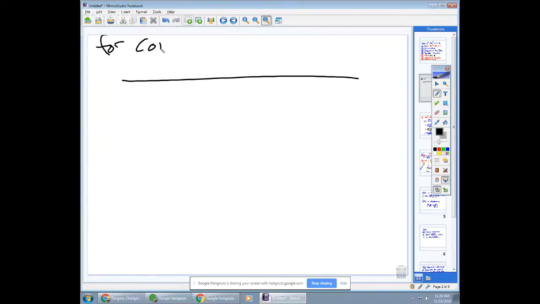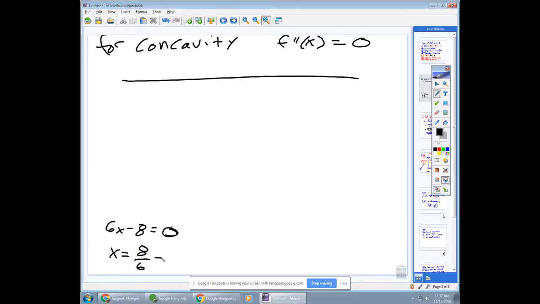So for concavity, we first set f double prime of x equal to 0. We do that, we're going to get 6x minus 8 equals 0. So then x is equal to 8/6, or 4/3, which should be 1 1/3.